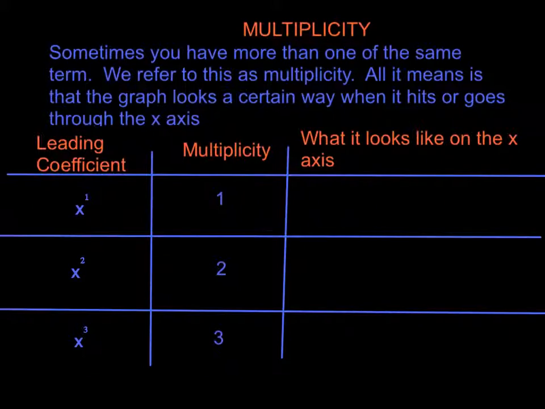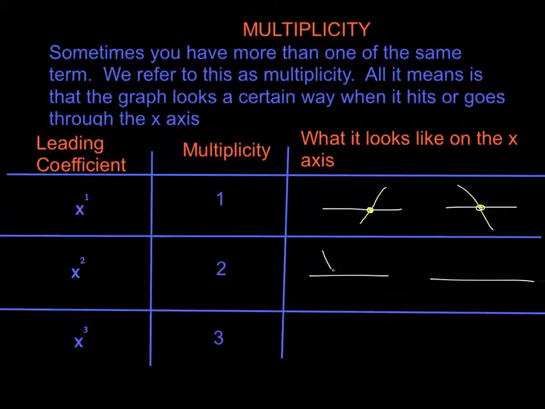So when you're on the x-axis, you're going to go through it, whether with a positive looking slope or a negative looking slope, if you have a degree of 1.